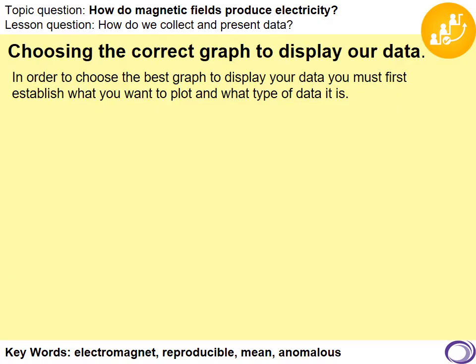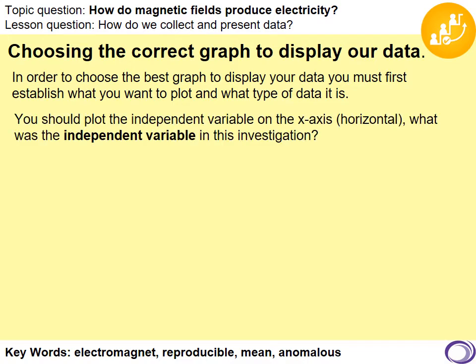Now, often when we have a set of results, we like to present them as a graph, and there are different types of graphs that we can draw. First of all, you should look at your data and see which is the best type of graph to draw. You can plot your independent variable on the x-axis, and in this experiment the independent variable was the number of coils of wire.